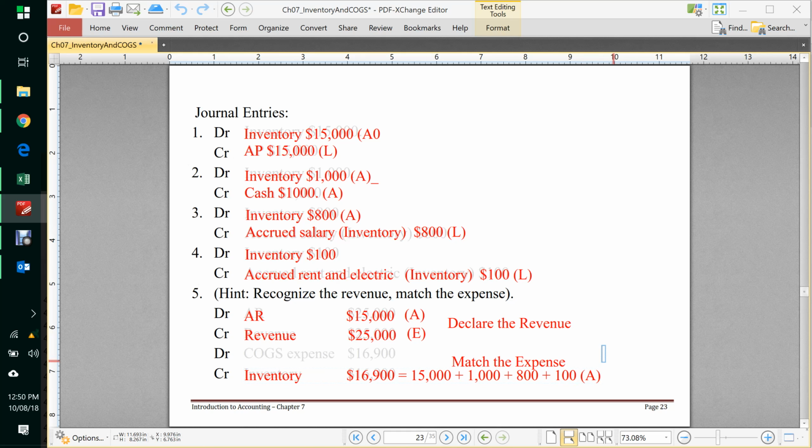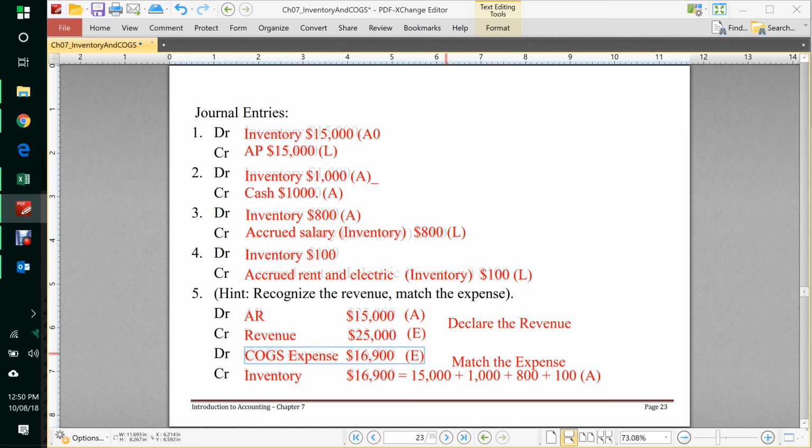And then the final thing we have to do here is when we remove this inventory, when we sell it, where does it go? That's when we recognize the expense, cost of goods sold expense. Okay, and that's for the total cost of the inventory item that we just sold, including labor and electric and stuff like that that was directly needed to make that inventory into a saleable product.